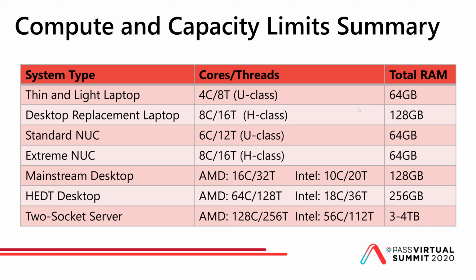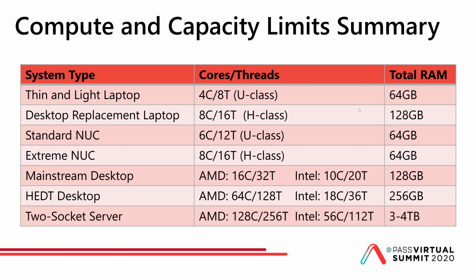Then you go to mainstream desktop, and here it depends if you go with AMD or Intel. AMD has 16 cores and 32 threads, and Intel can go to 10 cores and 20 threads, and then both can go up to 128 gigs of RAM. And then a high-end desktop, HEDT, can go to 64 cores and 128 threads with AMD with their 3rd generation Threadripper.